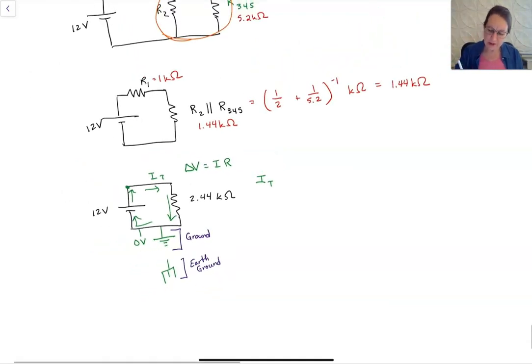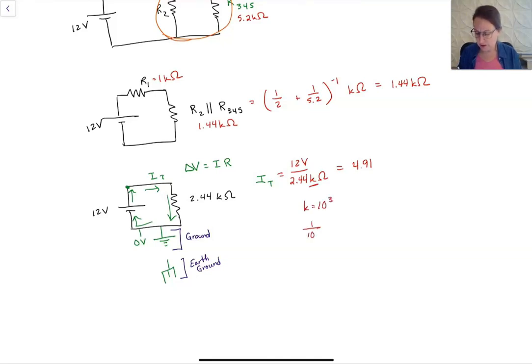Okay, so after that little digression, using V equals IR, our current is voltage over R, 12 volts over 2.44 kiloohms. 12 divided by 2.44 is equal to 4.91. So 1 over kilo means 10 to the third, and 1 over 10 to the third is 10 to the minus 3, which is, of course, milli.